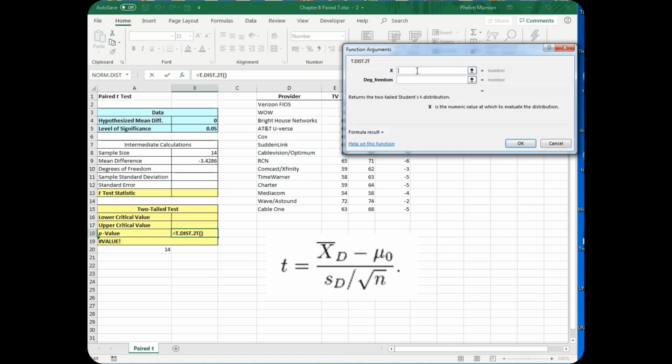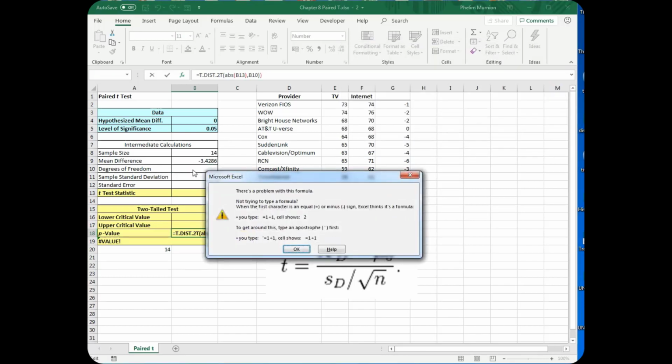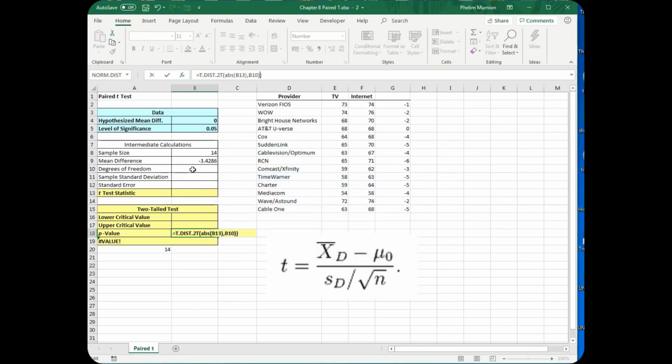X is the t value here, and you want it as an absolute value. And the degrees of freedom is simple. That's already calculated. So that'll work out once the other figures are available. So it's just an error, too many brackets. So that'll work out once you get your figures.